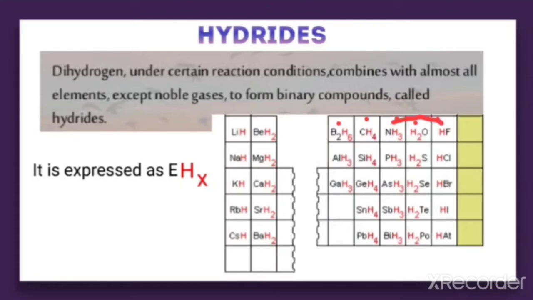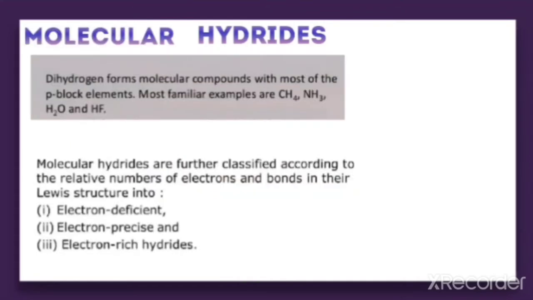Electron excess, that is, electron rich hydrides are formed. So here we have discussed the three types of molecular hydride: electron deficient, electron precise, and electron rich hydrides.